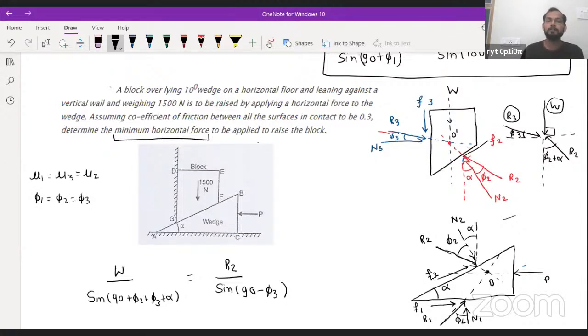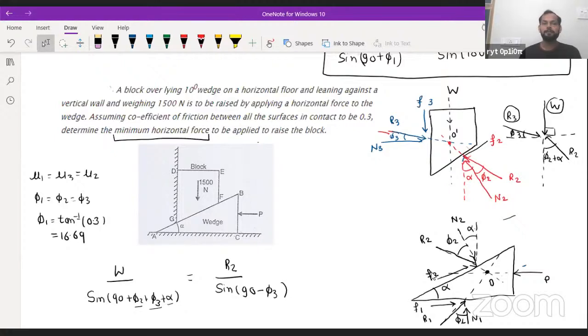Then what will be the value of phi? So phi will be equal to tan inverse mu, and mu is 0.3. So when you take the tan inverse, you will get 16.69. So here phi2 is 16.69.